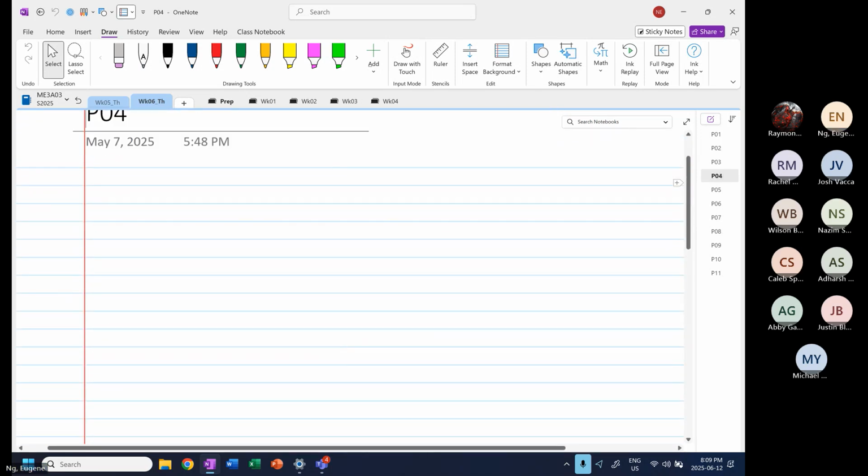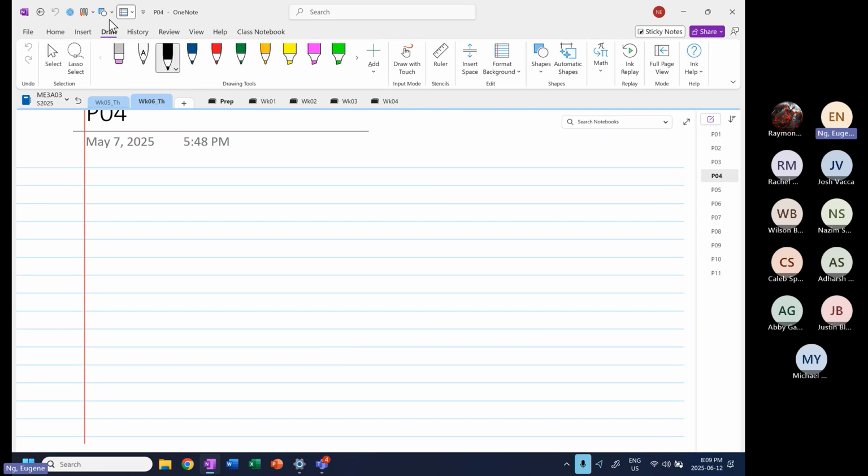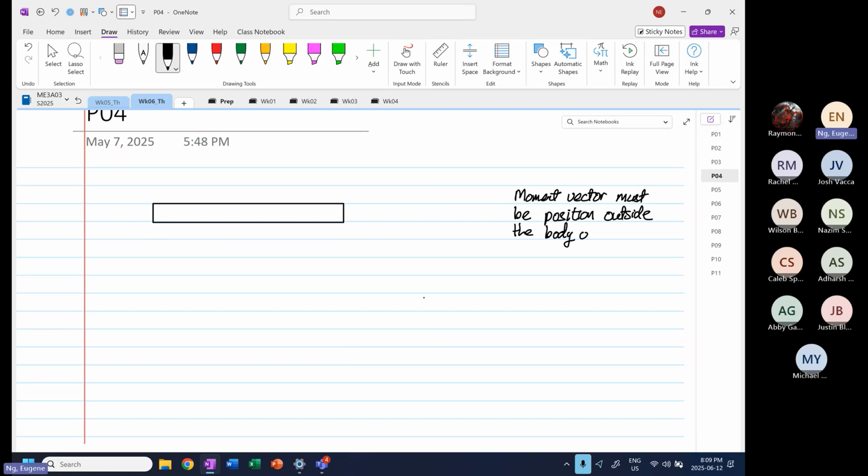Now, if we have a structure like this, and because we are going to rely on the moment vector, the moment vector must be positioned outside the body of the structure.